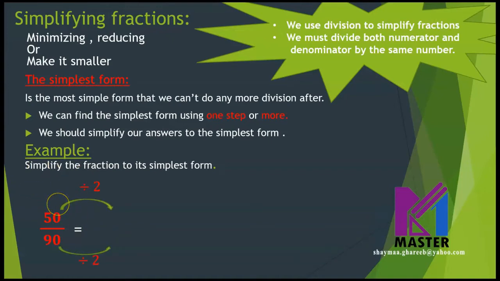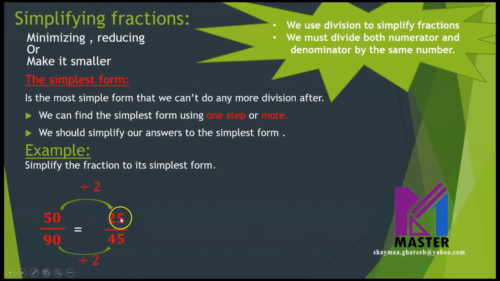50 divided by 2 equals, half of 50 is 25. 90 divided by 2, half of 90 is 45. So after division by 2, the fraction will be 25 over 45. Is this the simplest form? Can I do any more division or not? Yes, of course I can.